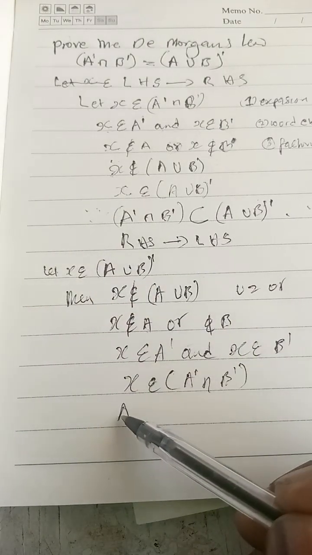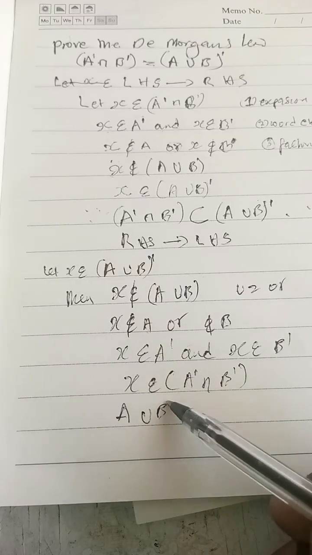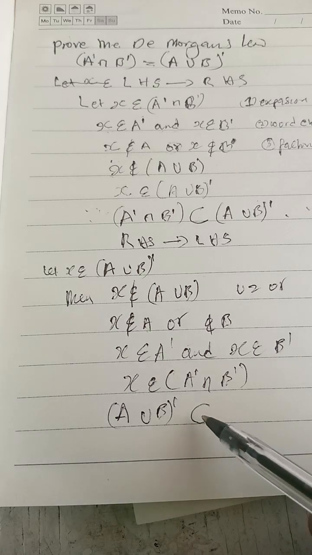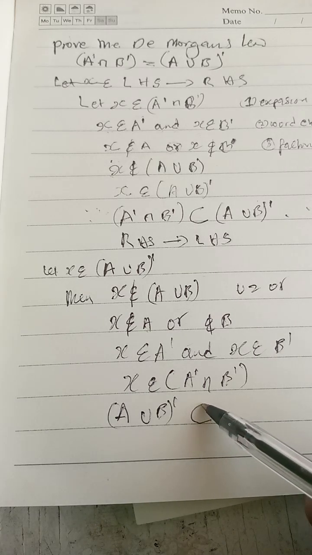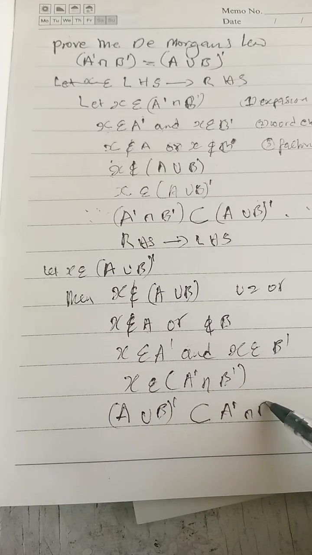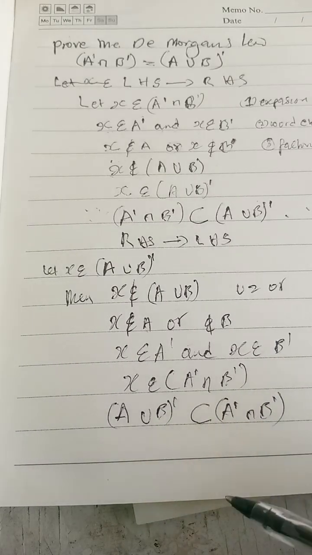We say B complement, intersection. Sorry, subset, not intersection. Sorry. This means a subset of, like that.